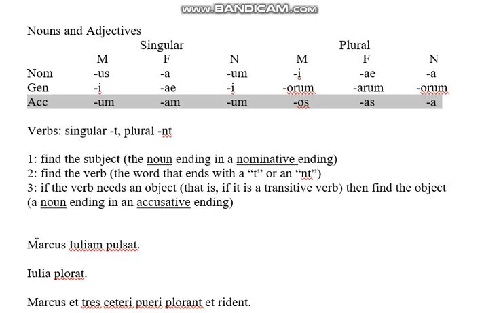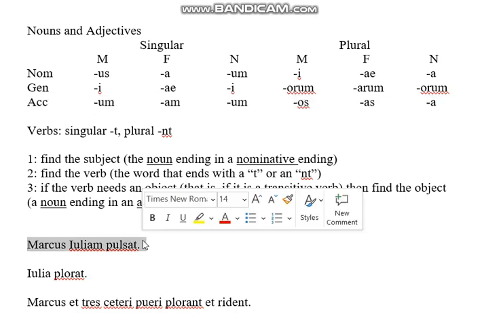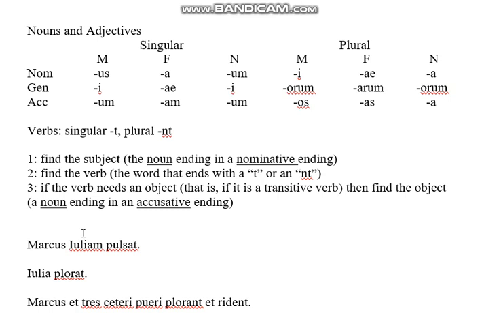So let's use an example. Example is right from the book. Marcus Iuliam pulsat. Marcus hits Julia. What is the subject of this sentence? Well, it's Marcus. How do we know that? Well, one, because Marcus was shown hitting Julia in the drawing.